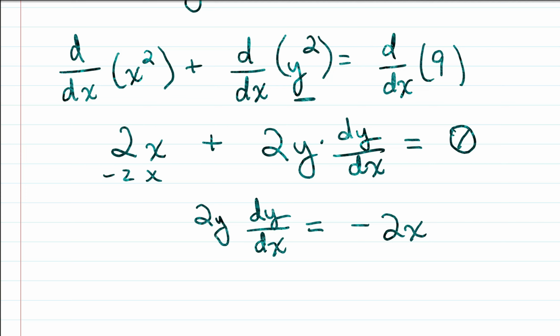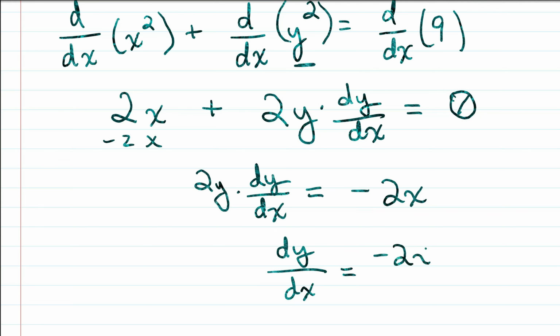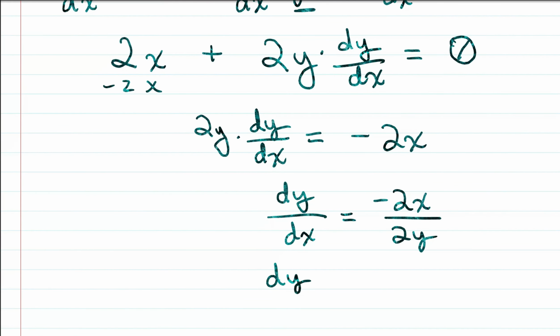Now, between 2y and dy dx we have multiplication, so we do the opposite, which is division. So dy dx is equal to negative 2x over 2y. Lastly, we can clean it up a bit: the 2's cancel, and dy dx is equal to negative x over y.